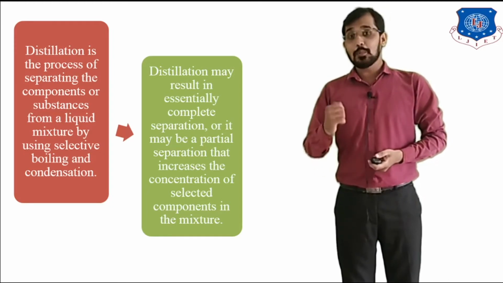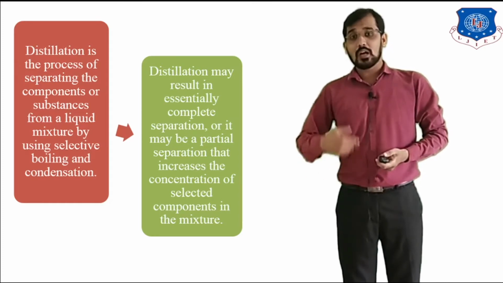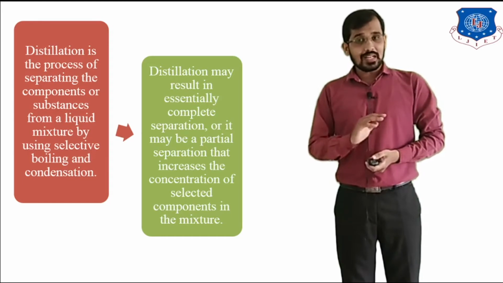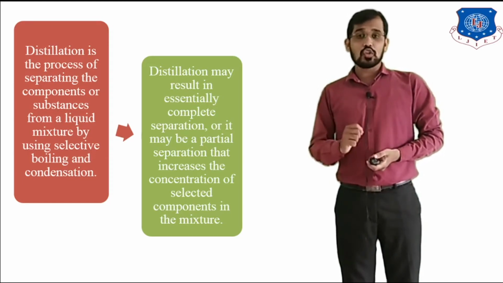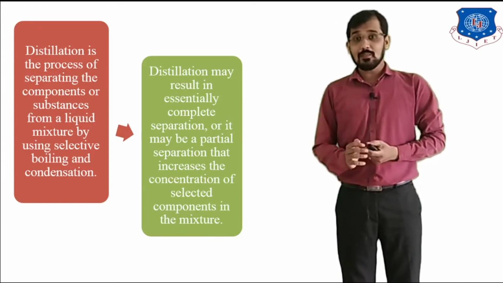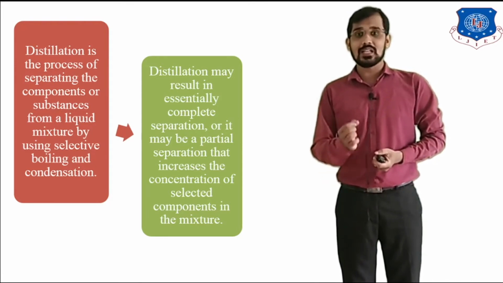Component A, which is pure in nature, I get in the larger amount in the distillate stream. If you are not getting the major composition in the distillate stream, you will get the composition of component A in the other stream, that is the reflux stream. But the reflux stream is the unwanted stream. Our wanted stream is the distillate stream.